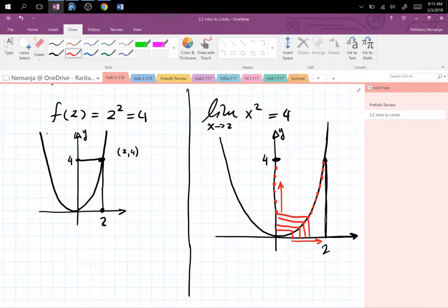So you would get to number 4, and because you can't approach 2 anymore from the left, you can't pass 4 on the y-axis.